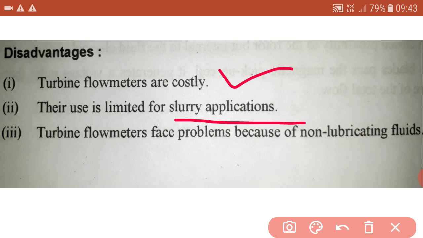It means pure liquids are not suitable. Turbine flow meters also face problems with non-lubricating fluids. So we can consider these as the disadvantages.